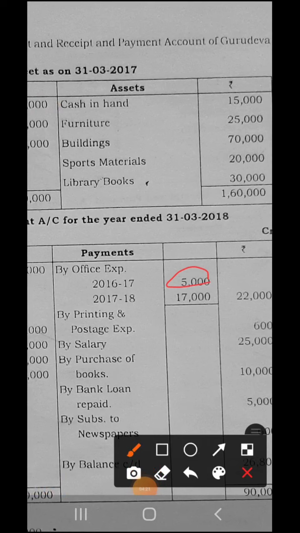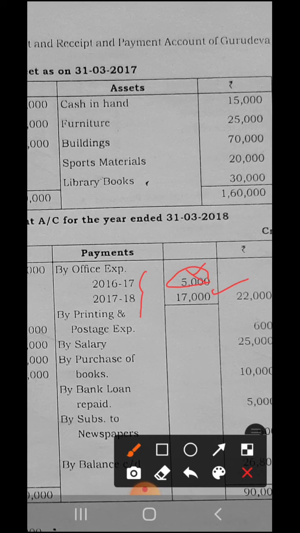When we are taking office expenses on the payment side, we can take directly 17,000. Then no need to deduct this 5,000. If we take 22,000, then we should deduct 5,000. The years are given separately, right?